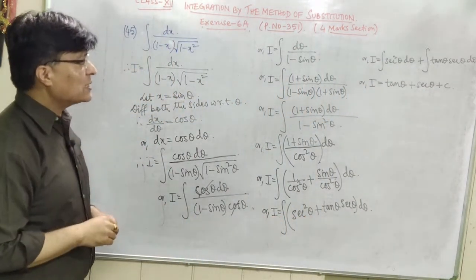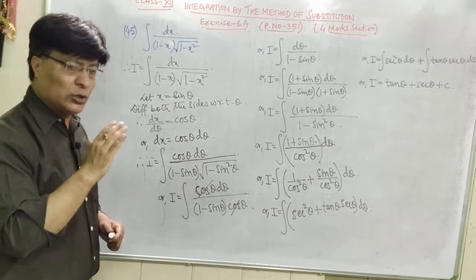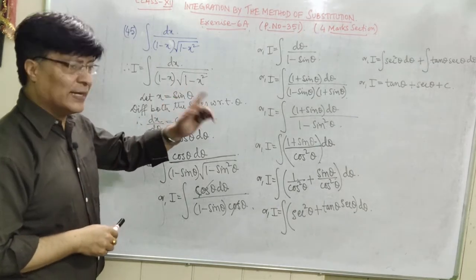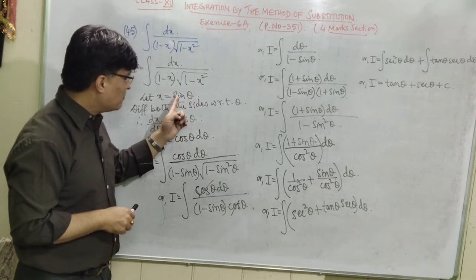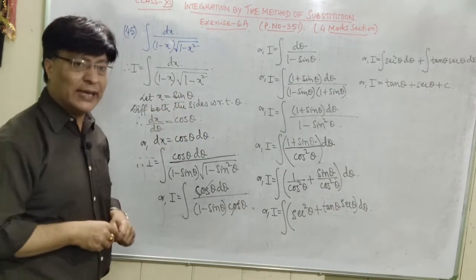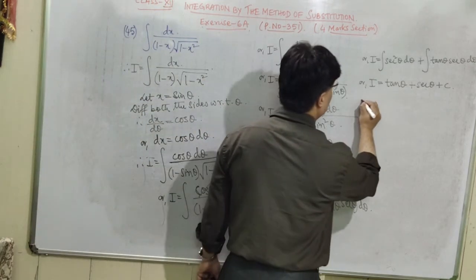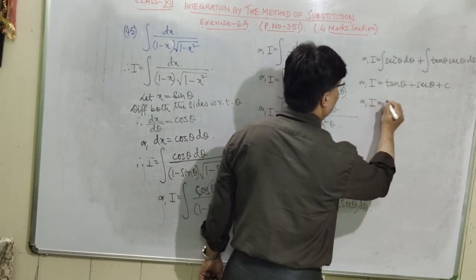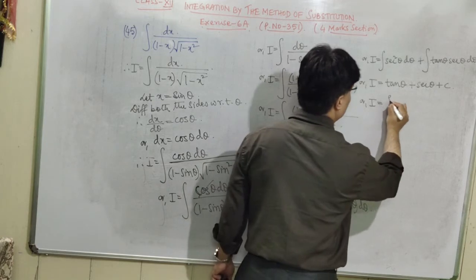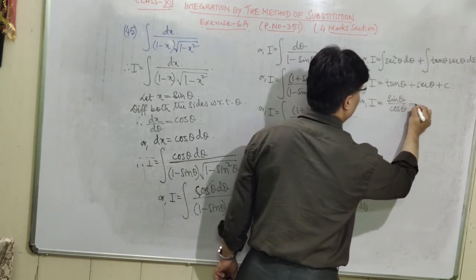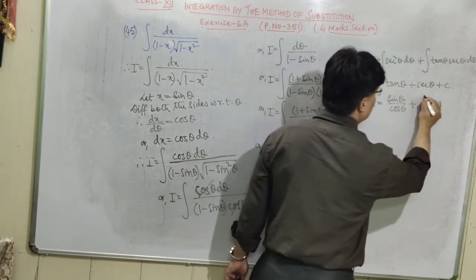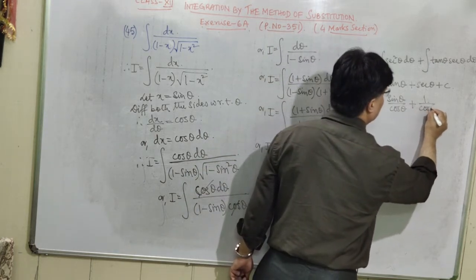So now in this case, you have to convert this tan theta and sec theta in terms of sin theta, so that we can put sin theta is equal to x. So let us convert tan theta and sec theta in terms of sin theta. What is tan theta? It is sin theta by cos theta, plus what is sec theta?